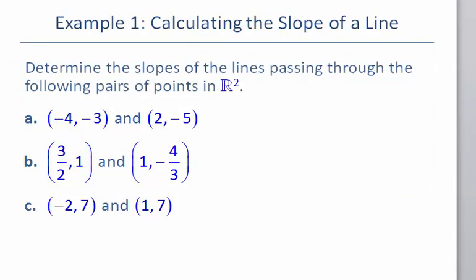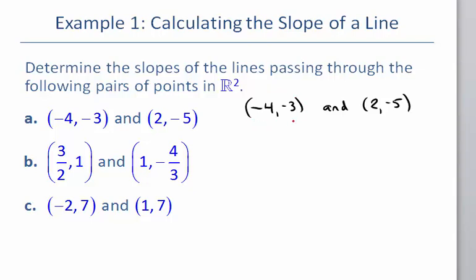Our first example asks us to determine the slope of the lines passing through the following pairs of points. Part A gives us the point (-4, -3) and the point (2, -5). You may find it helpful to label the x's and the y's in your coordinates.